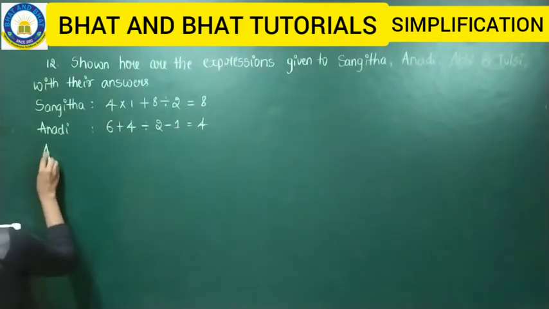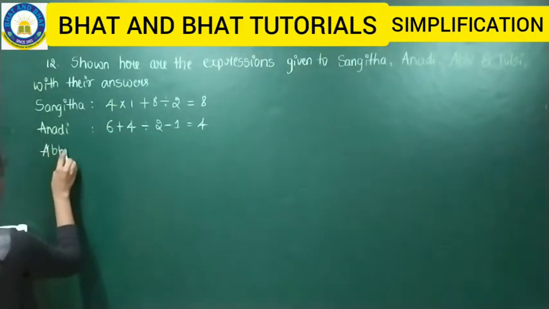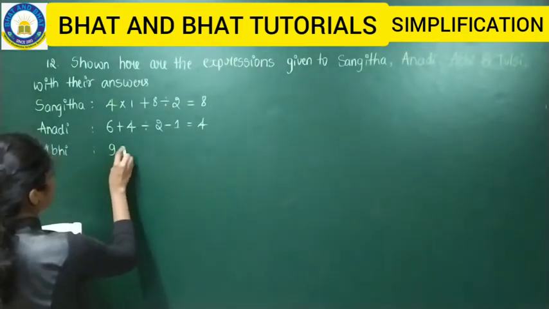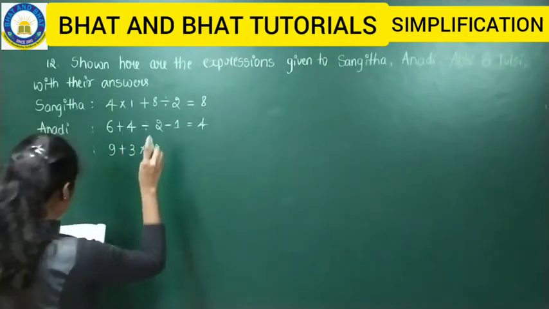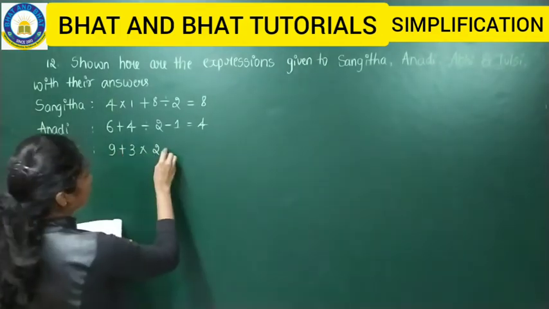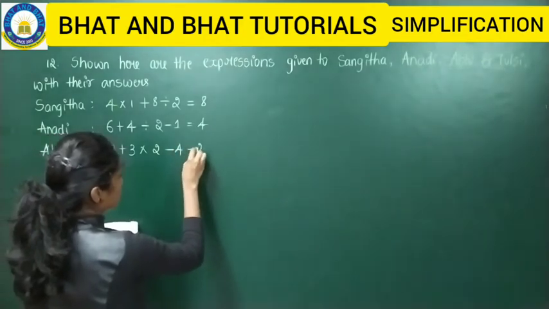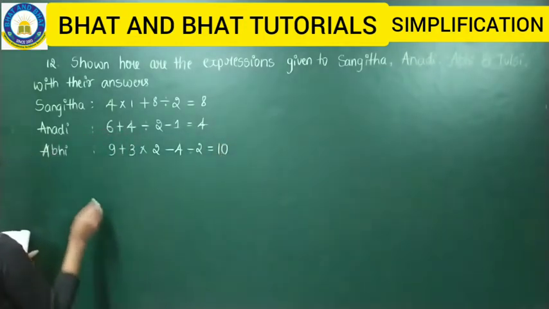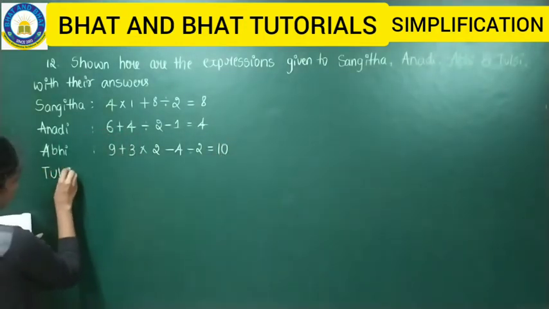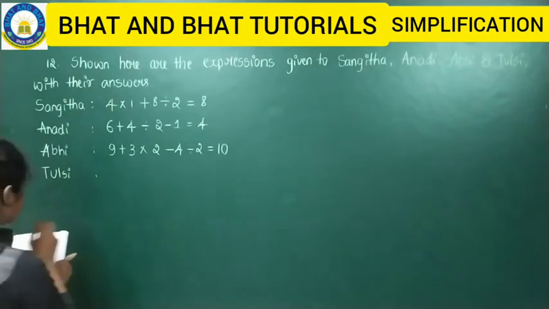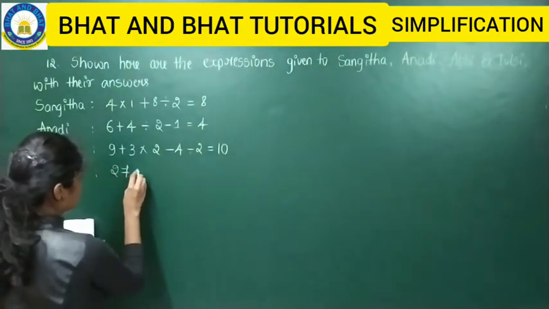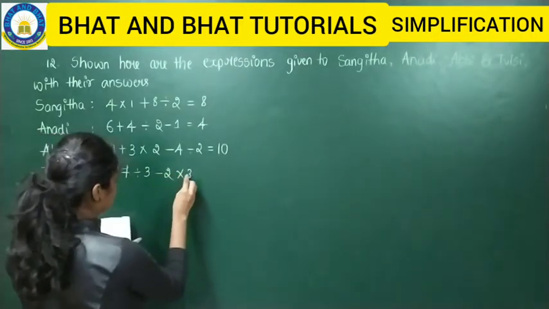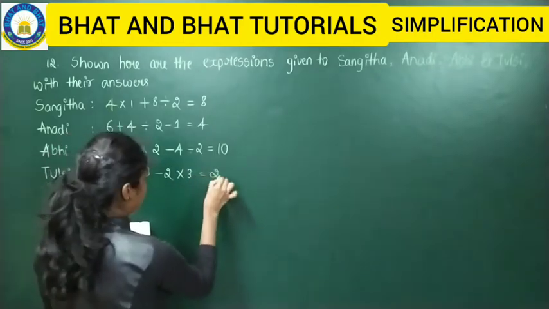Next, Abhi: 9 plus 3 into 2 minus 4 divided by 2 is equal to 10. Next, Tulasi: 27 divided by 3 minus 2 into 3, which gives you 21.